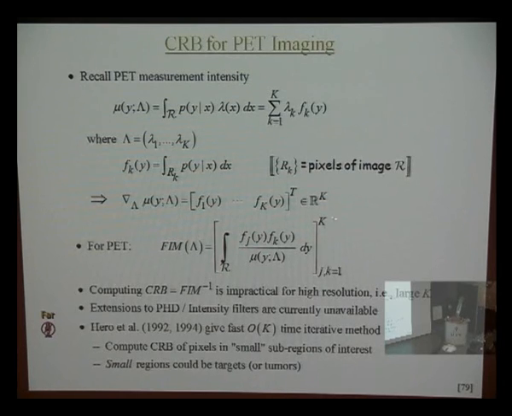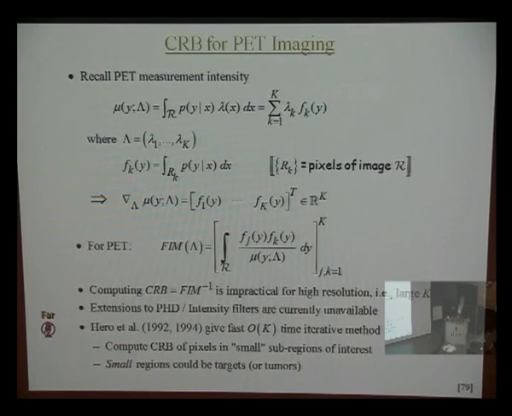The key thing is this K. K is the number of pixels in your image. If you have 2,000 pixels in your image, which is not actually all that high, this is a 2,000 by 2,000 matrix, an absolutely phenomenal size matrix, and now you want the inverse of it. Yeah, that happens every day, right? So you don't do that.